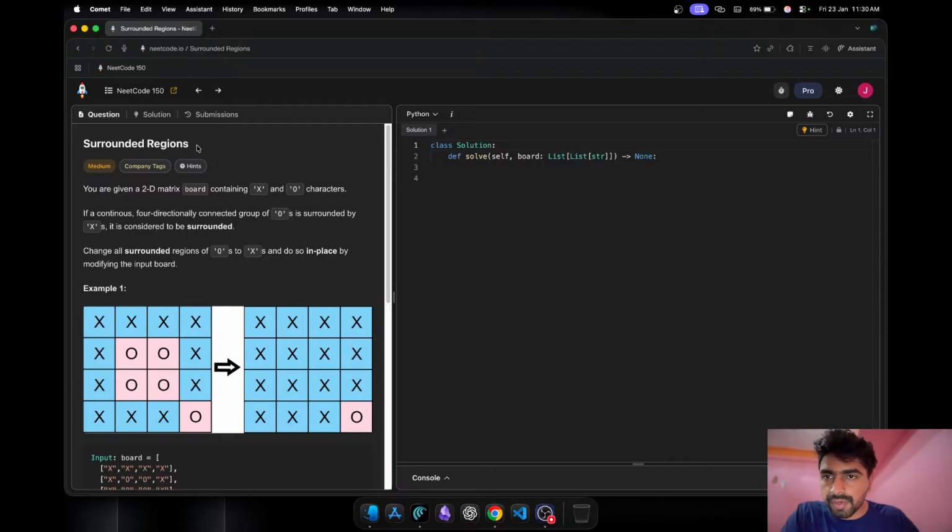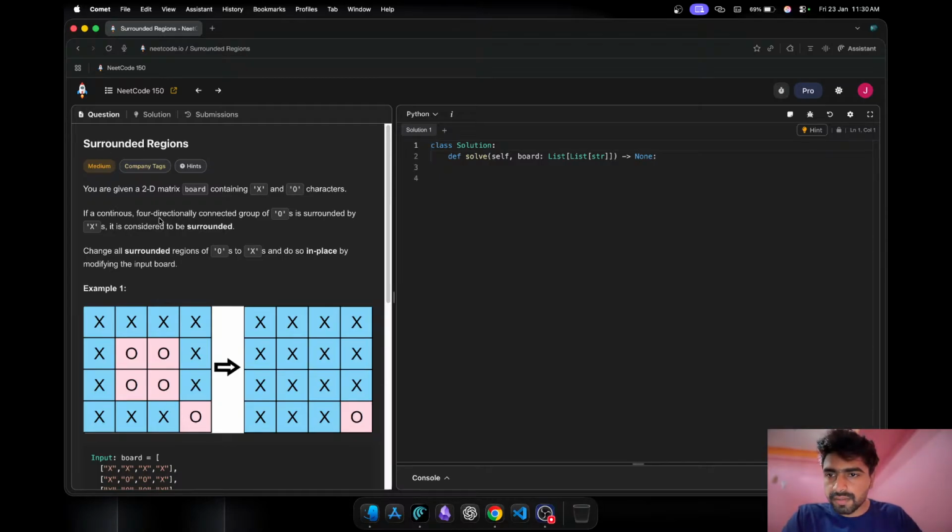Surrounded Regions. You are given a 2D matrix board. Mostly all the matrices in graphs are 2D. The board contains X and O characters. Characters means these are strings, not numbers.